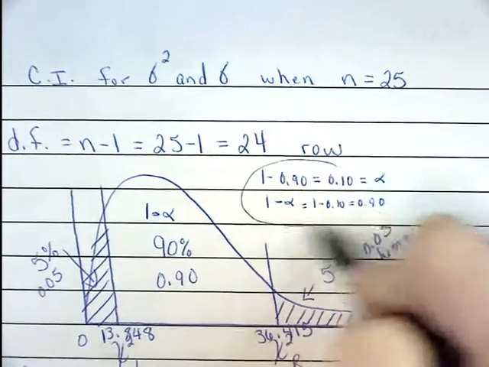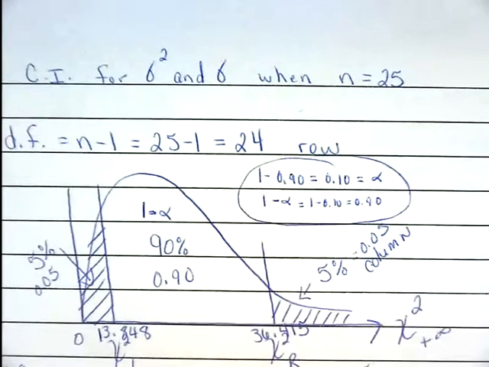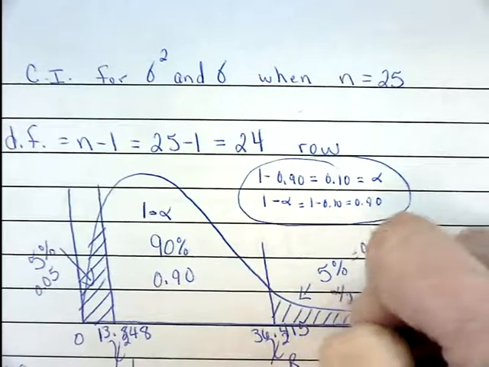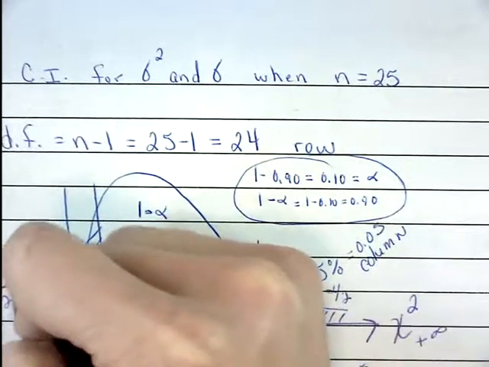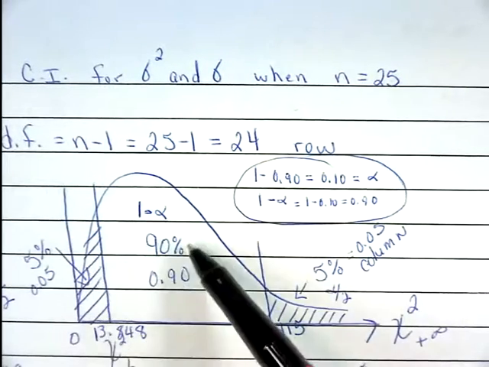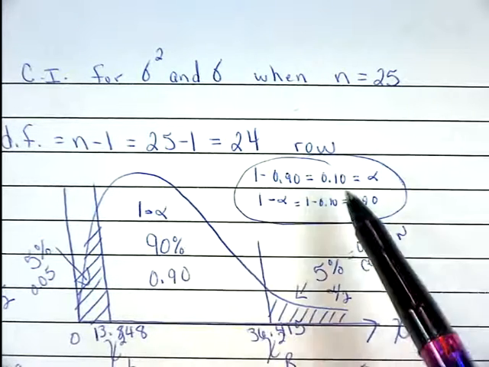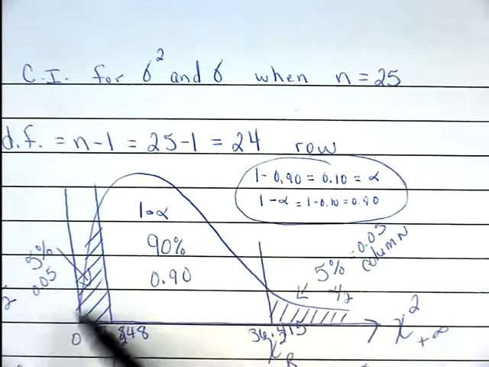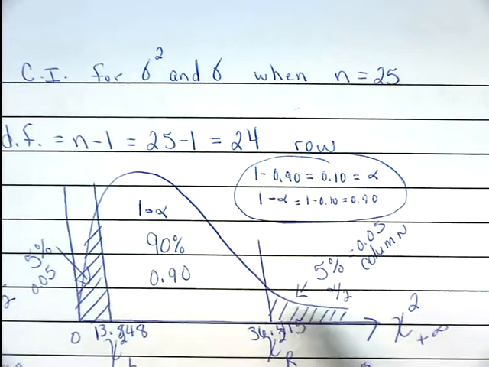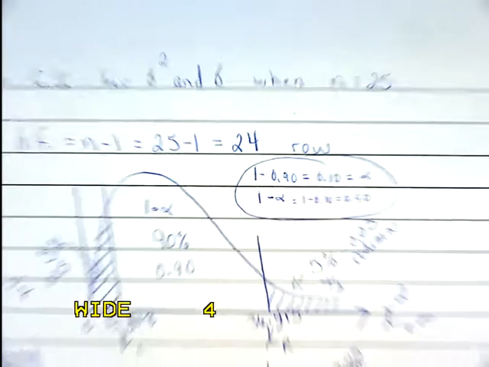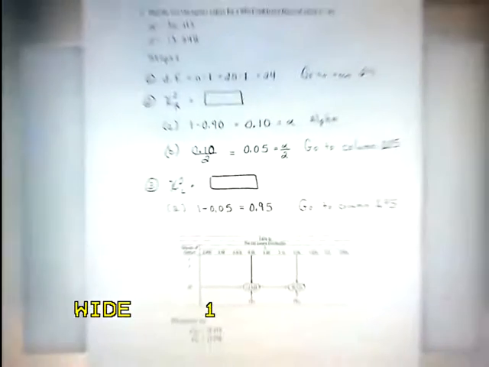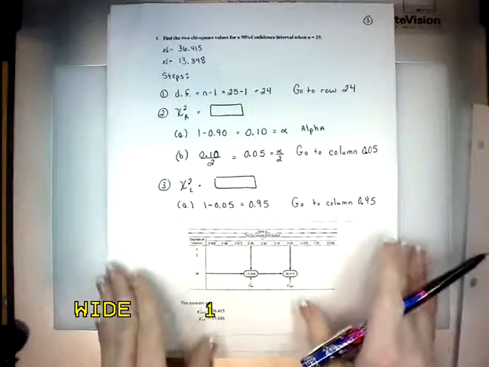That's how the two are related. And then each tail is alpha over 2. So if the degree of confidence is 90%, alpha is 10%, and then alpha over 2 is 5% in the two tails. And that's problem number 1.